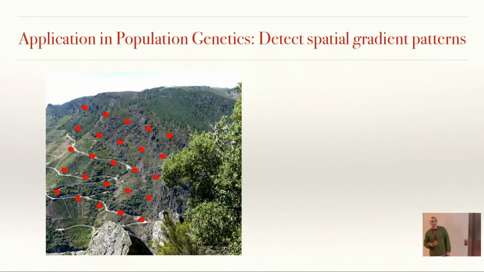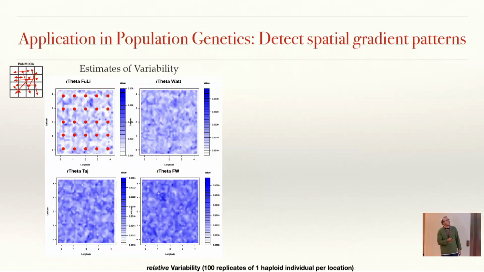Imagine that you are studying, in an area, a plant, for example Arabidopsis thaliana, which is a diploid selfing species but is effectively a haploid species, and you take one single haploid genome for each region. In that case, we can look at whether this pattern is under panmixia or whether any other evolutionary process occurs.